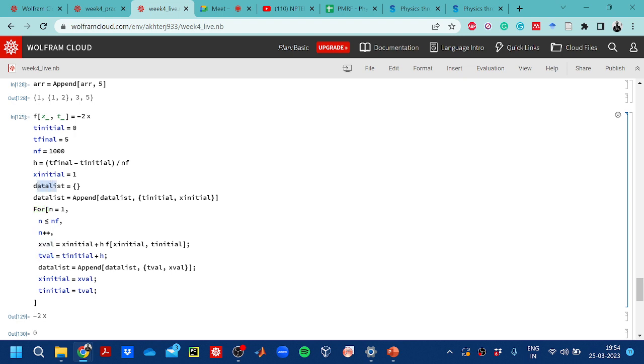So this is our array, and we have to store these two. So for that, we have to write this. Once we store this, for the next run, we have to update these two values, this x initial and t initial. They have to be updated with the current value, because for the next run, we will use that value.